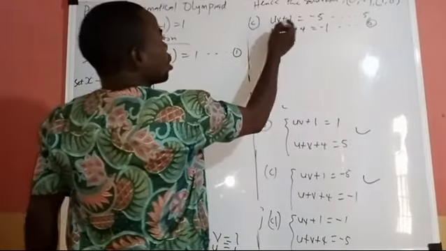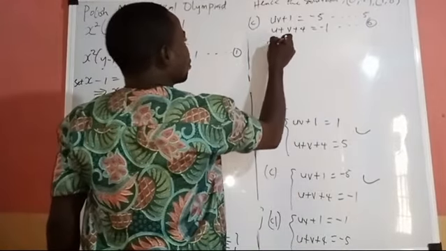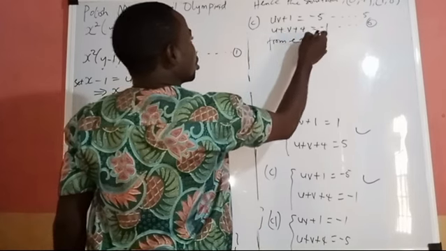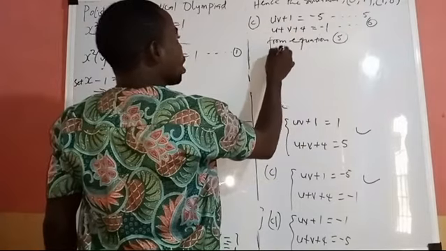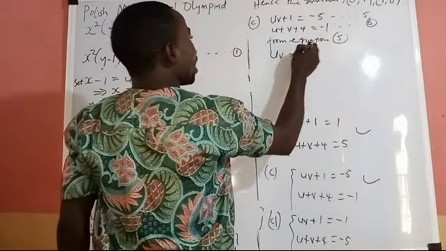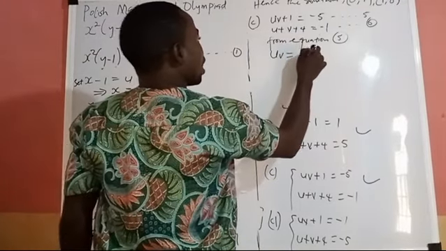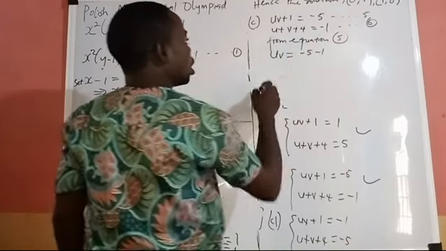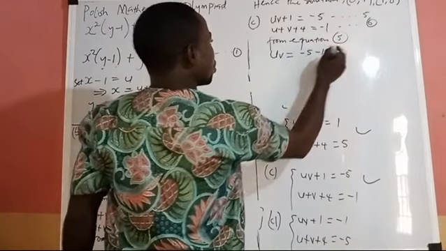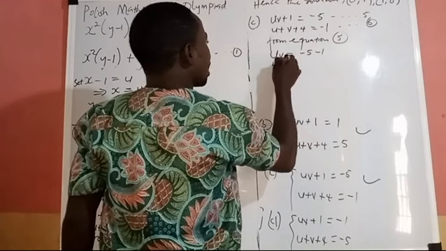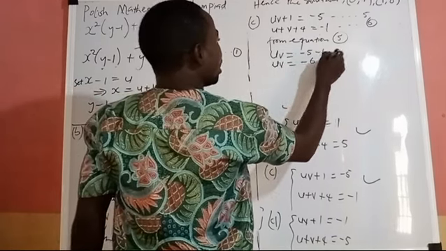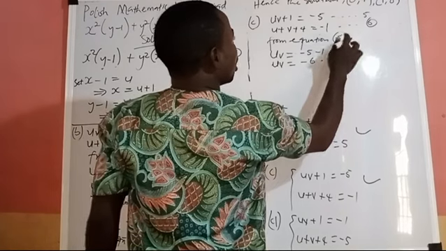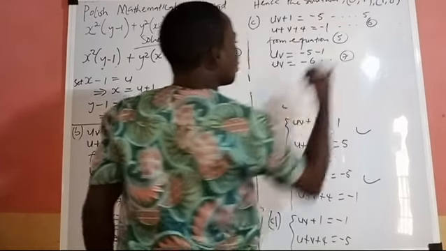From equation 5, we have that our uv is equal to minus 5 minus 1, and that's going to give us that our uv is equal to minus 6. Let's name this equation 7.